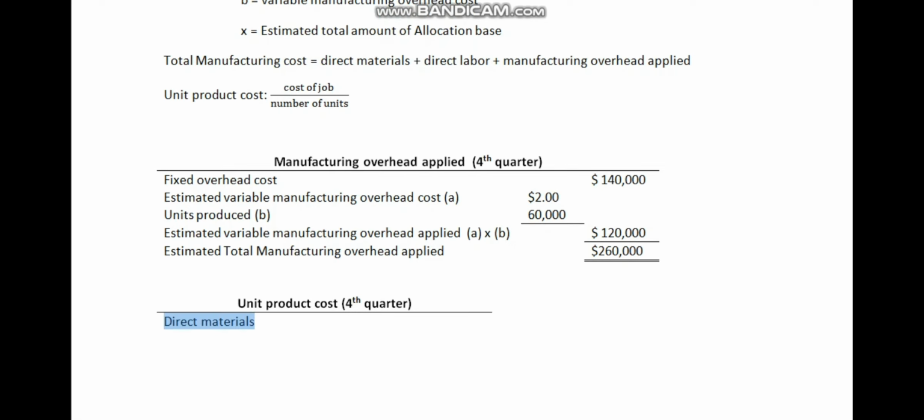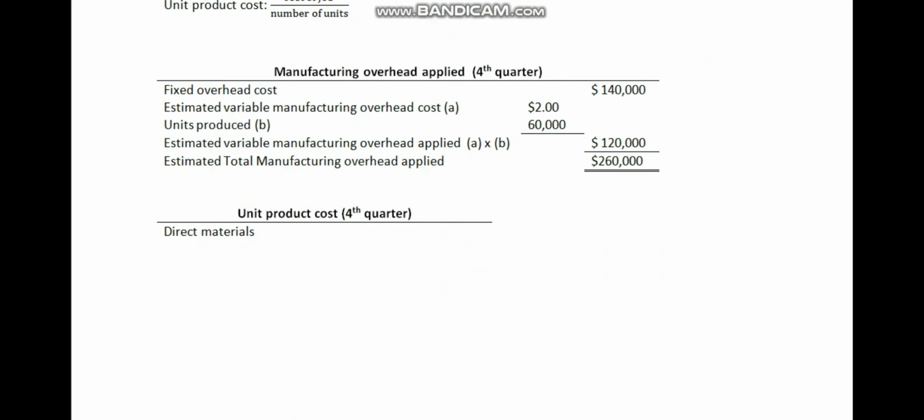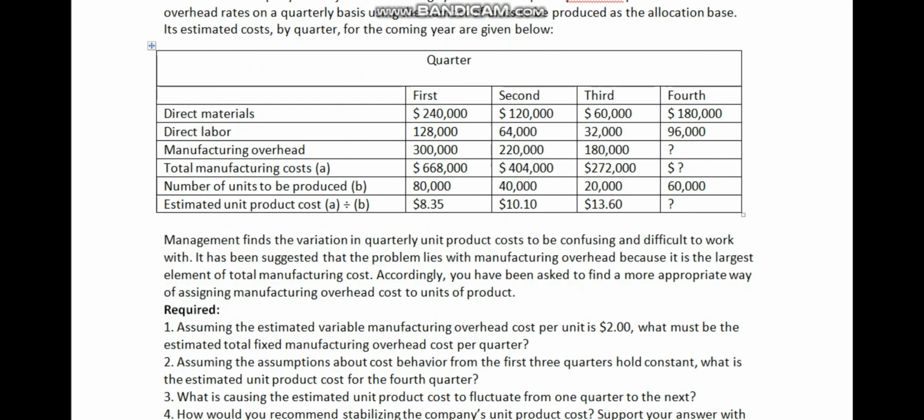Direct materials mentioned in the question for quarter 4 is $180,000. Next thing is direct labor, which is again mentioned in the question. $96,000.